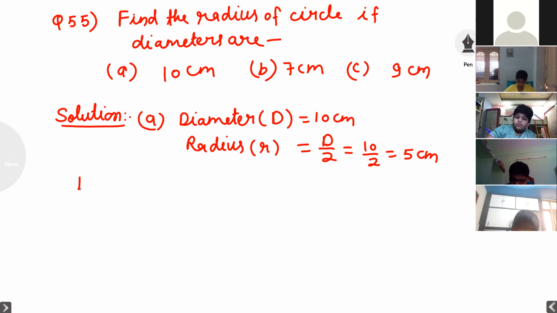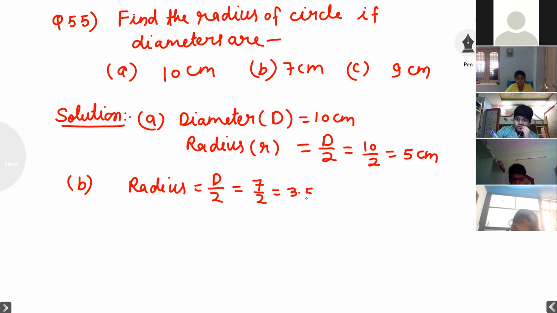B question, I want to find out radius. Radius is equal to d by 2. In B question, what is diameter? Diameter is 7. 7 by 2 is equal to 3.5. C question, radius is equal to diameter by 2.